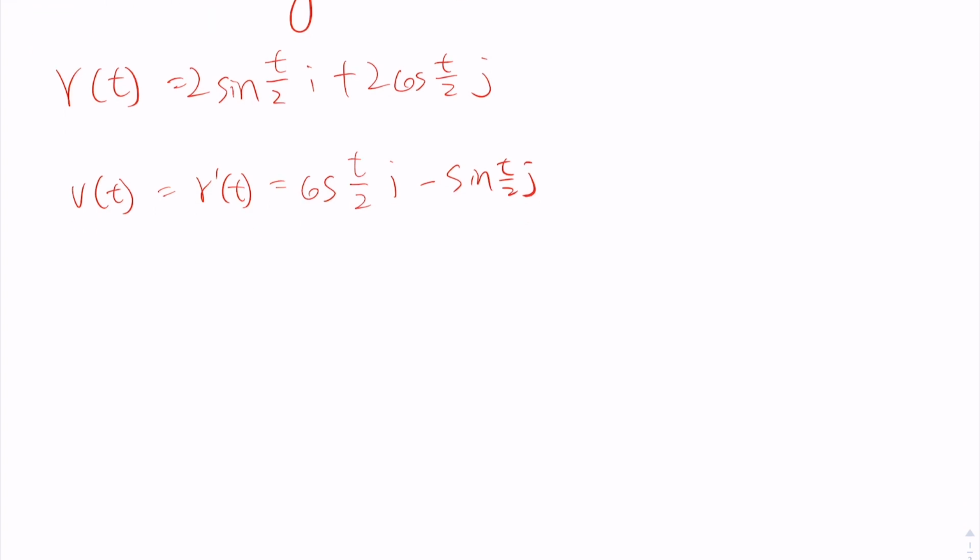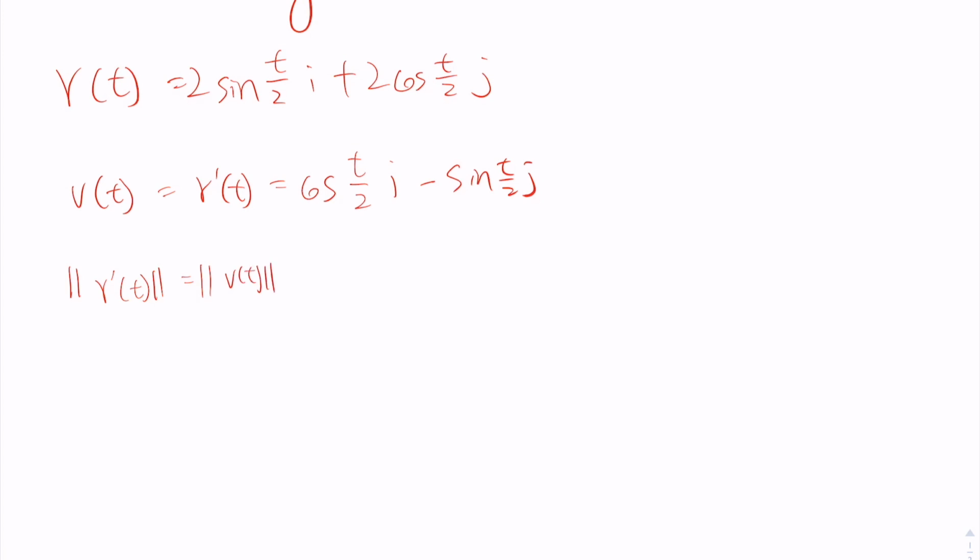And then I'm going to calculate speed. Speed is the absolute value, because speed is always positive. So you're taking the absolute value of r prime of t, which is the absolute value of v of t.